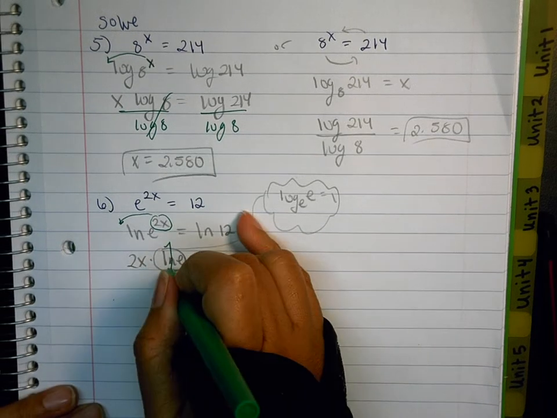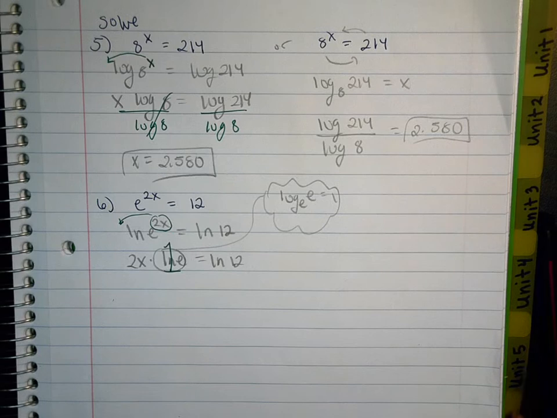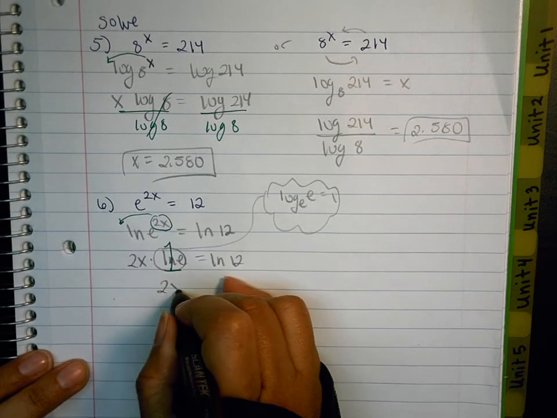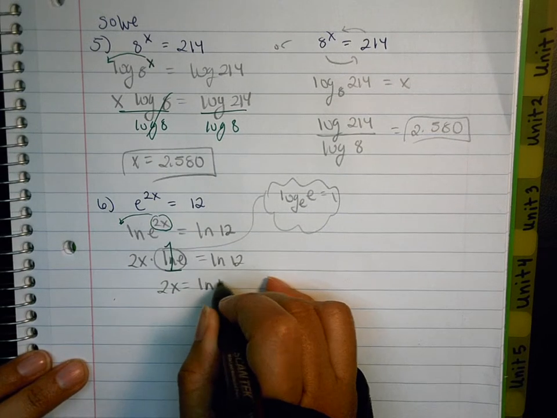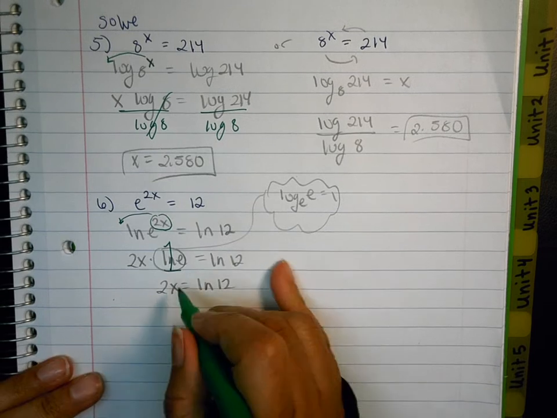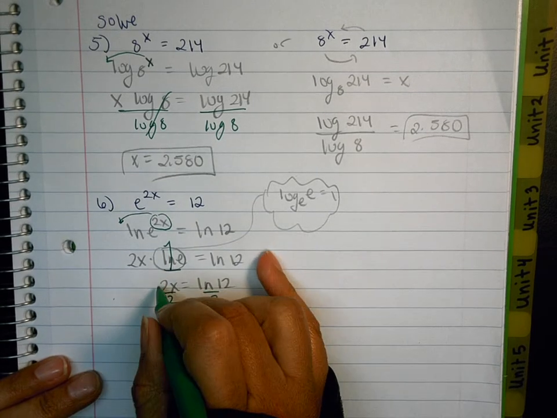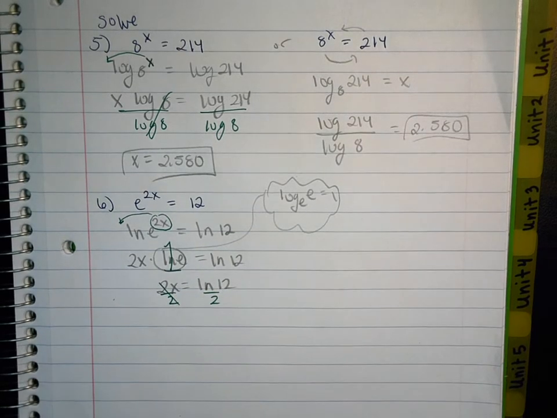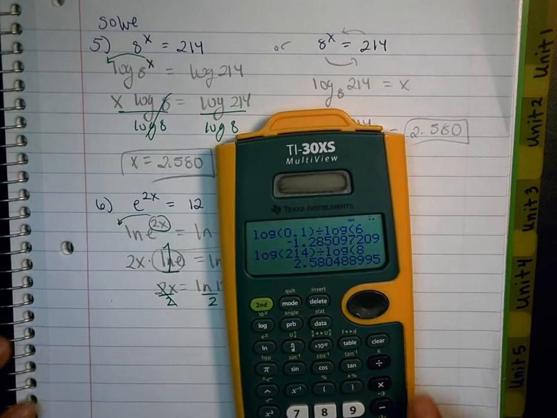So I'm going to change it to a 1, leaving me with 2x equals ln of 12, and I'm going to divide both sides by 2 and plug it in. Ln of 12 divided by 2.